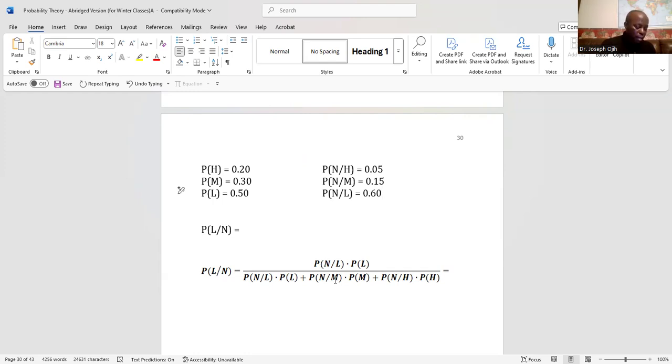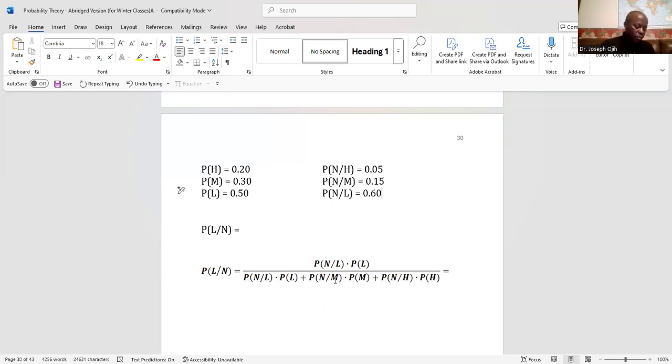Probability of light equals 0.50. Probability of no book given heavy equals 0.05. Probability of no book given medium is 0.15.